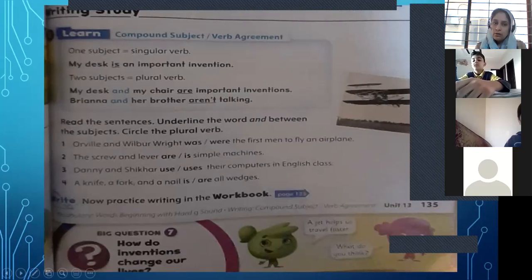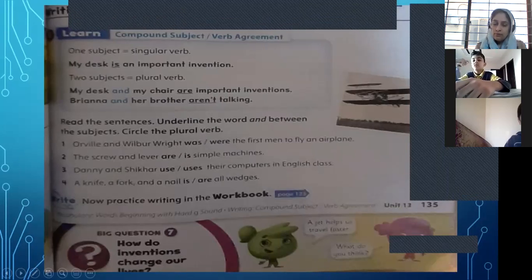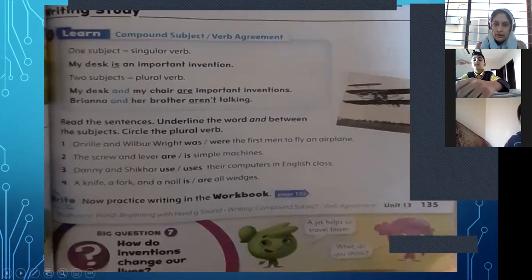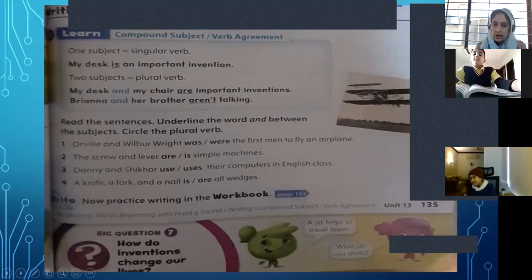When we talk about two subjects, then we always use the plural verb. As you see, my desk and my chair. When we talk about two subjects here, we didn't use is, we used are. So we said my desk and my chair are important inventions.